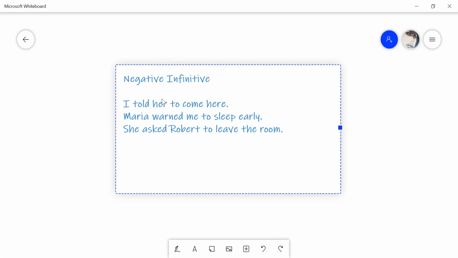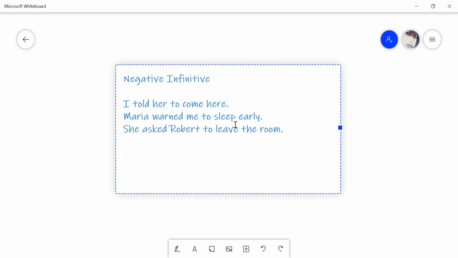What about if you want to put the infinitive in negative? What about if I want to say that I told her no, and Maria warned me no, and she asked Robert no. I mean the opposite of what this says.